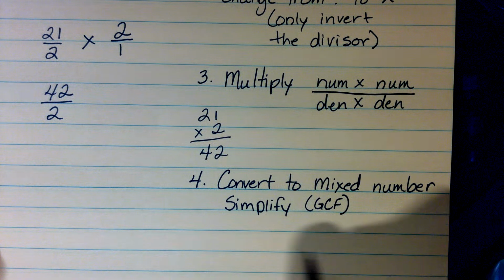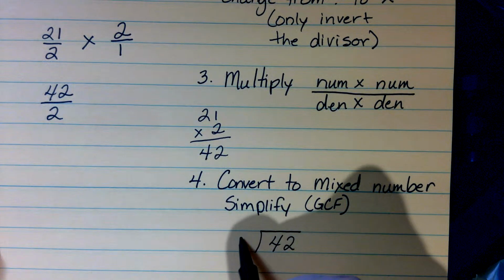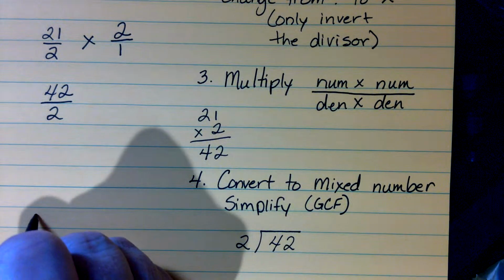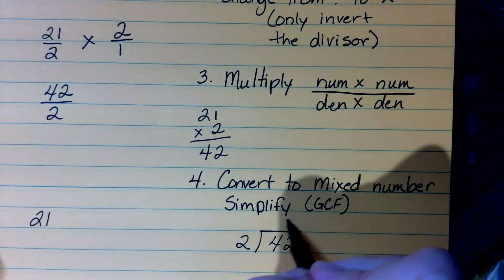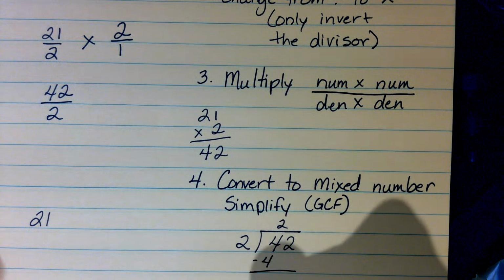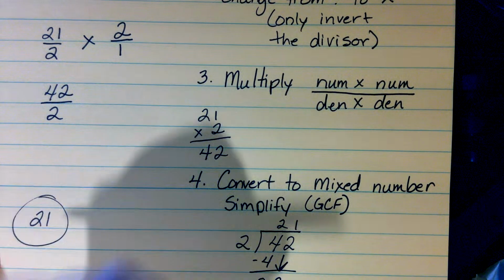But before we can do that, we have to do 42 divided by 2. 42 divided by 2 is going to be 21 even. So 2 goes into 4 2 times. Bring down the 2. 2 goes into 2 1 time, and no remainder. 21 is our answer.